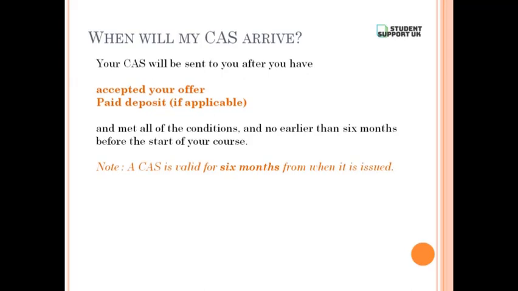When you make your deposit and you meet all your conditions, they will issue your CAS letter. Your CAS is only valid for 6 months, which means if you're applying for September next year, you should expect your CAS to arrive around the end of March or April, if you fulfill all the conditions.